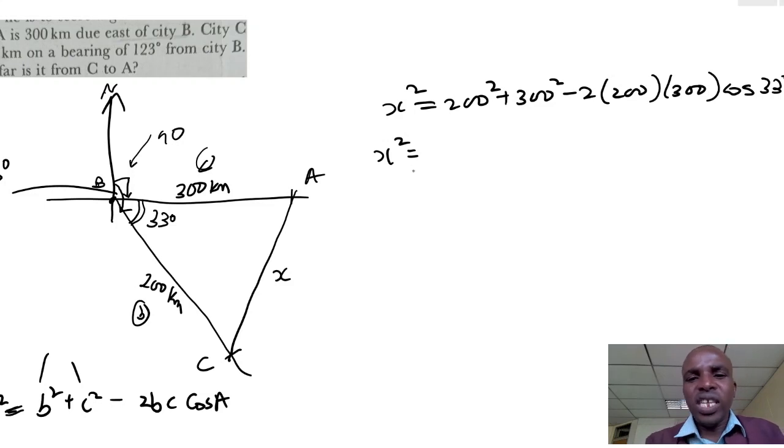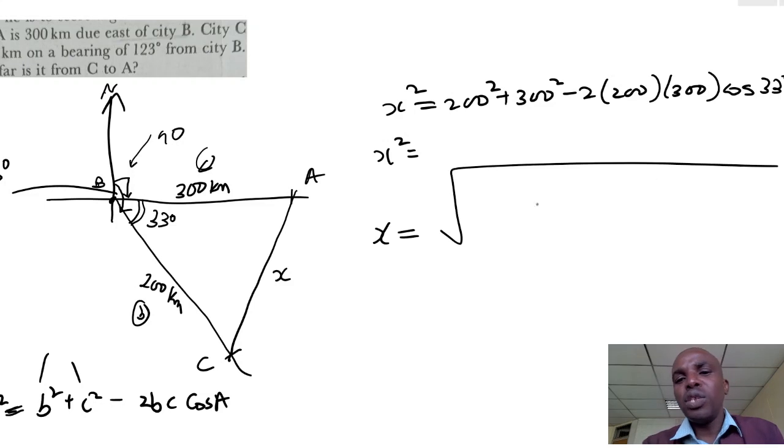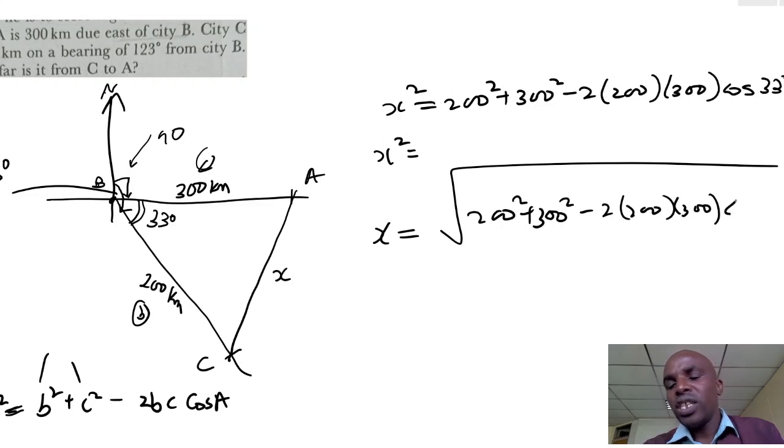Instead of writing everything, let me just say X equals, putting square root on both sides, the square root of 200 squared plus 300 squared minus 2 times 200 times 300 times cos 33. Let me just punch everything.